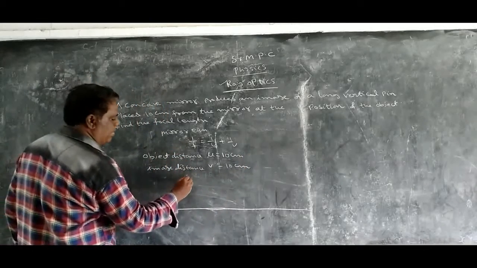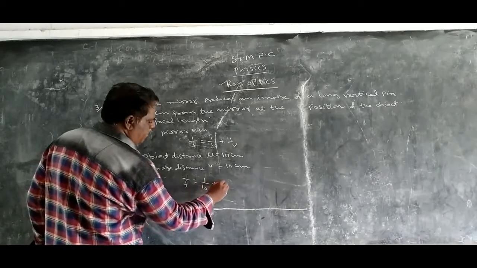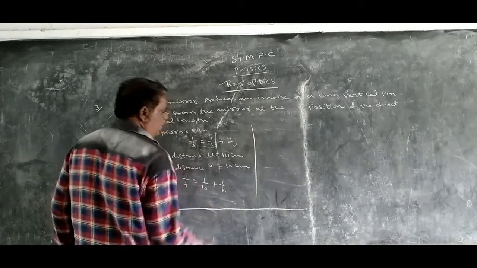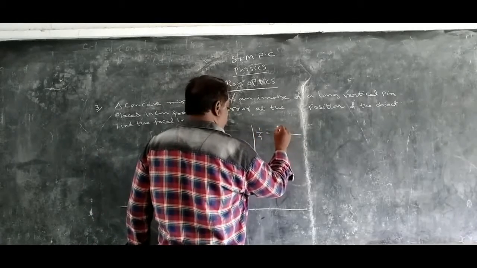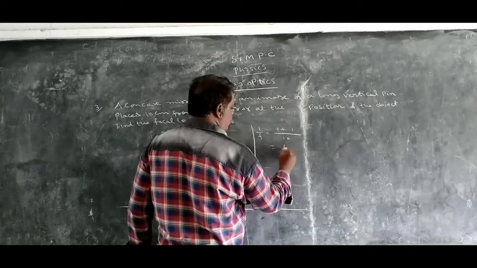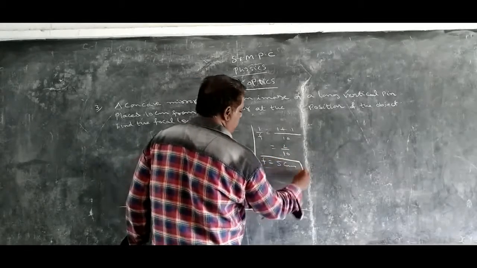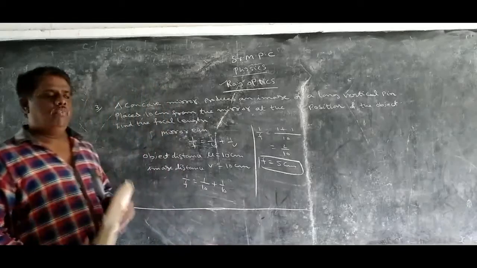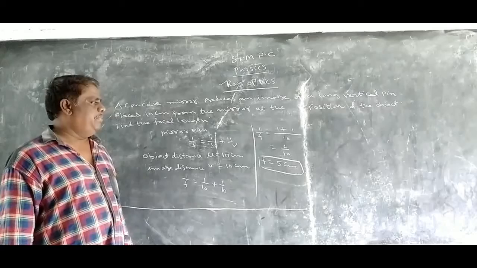Substitute the values in the formula. 1 by f is equal to 1 by 10 plus 1 by 10, that is equal to 2 by 10, or f is equal to 5 centimeter. So in this situation, the focal length of the given mirror will be equal to 5 centimeter.